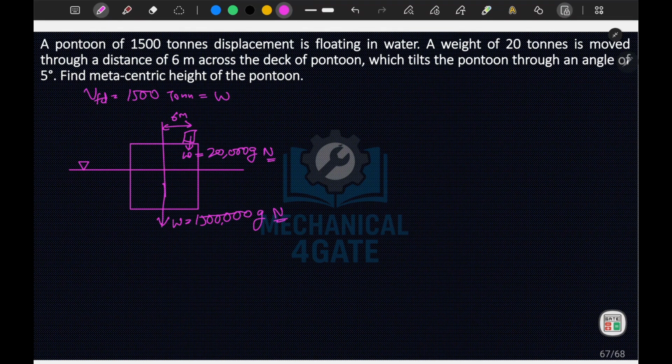The tilt of the pontoon is through an angle of theta equal to 5 degrees. Let's say this was the original line, and after tilting this will become the new location. So this is your theta.